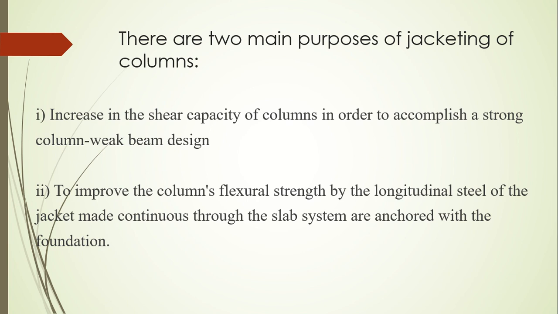So it will help to accomplish a strong column. Then, to improve the column's structural strength, the longitudinal steel of the jacket is made continuous through the slab systems and anchored with the foundation. So it will help to improve the column's flexural strength.